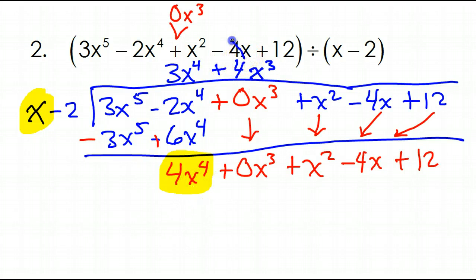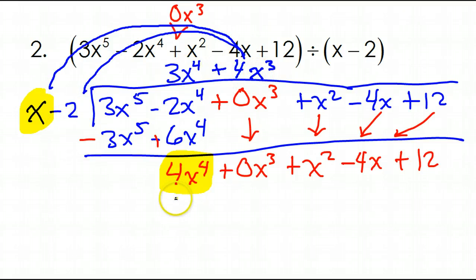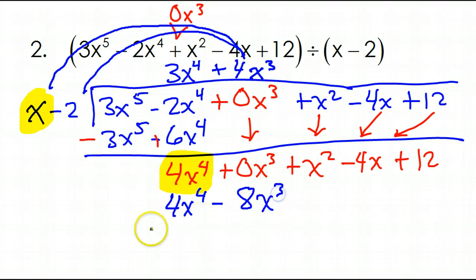So I will take this 4x to the 3rd power and I will distribute. 4x to the 3rd power times x is 4x to the 4th power, just like I wanted. 4x cubed times negative 2 is negative 8x to the third power.